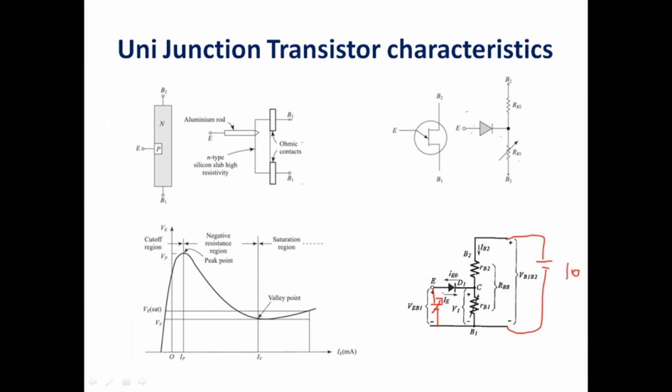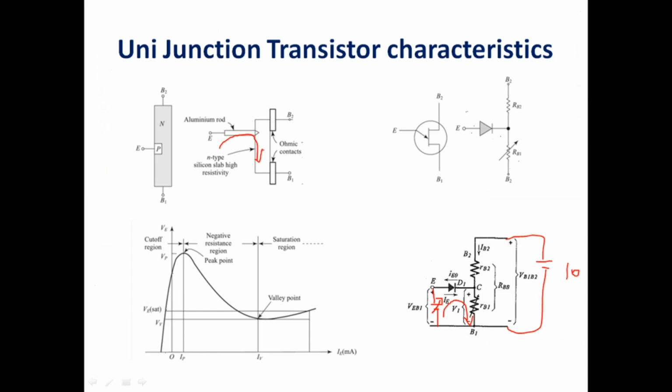When you give enough supply here to forward bias this diode, the current will pass like this, from this emitter to this region. This is a p-type material, aluminum, so holes are injected into this lower part of the slab. The resistivity of this lower part will reduce and its conductivity will increase.